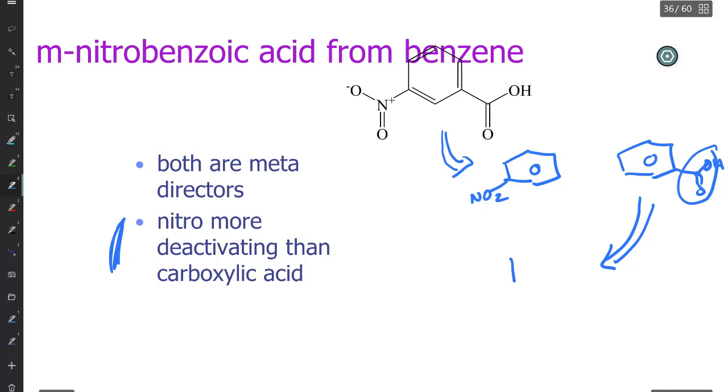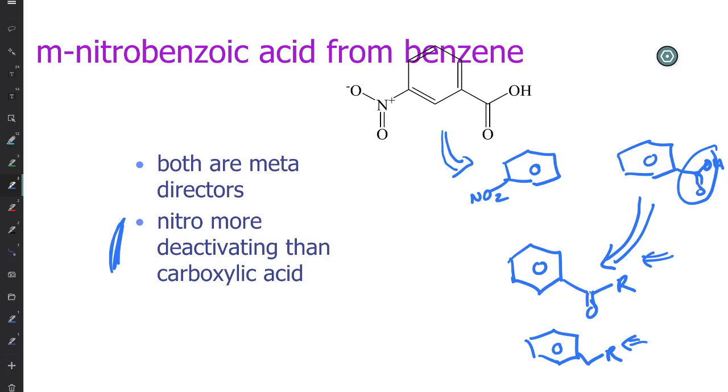So now what I have to have at this point, oops, that's weird. You have to have this or this. Now, the problem is this gives us bad yield, and this is not easy to oxidize, and so there actually has to be a step.